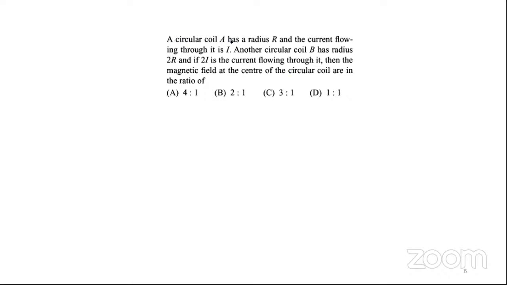A circular coil A has radius r and current flowing is I. There is another circular coil B of radius 2r with current 2I.